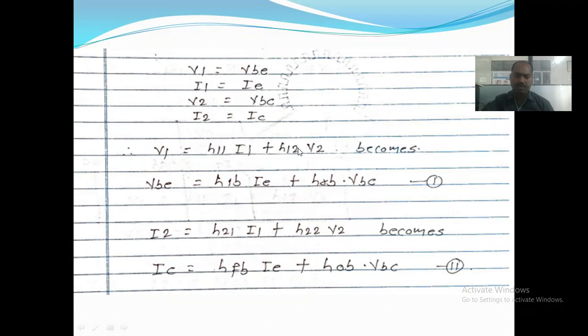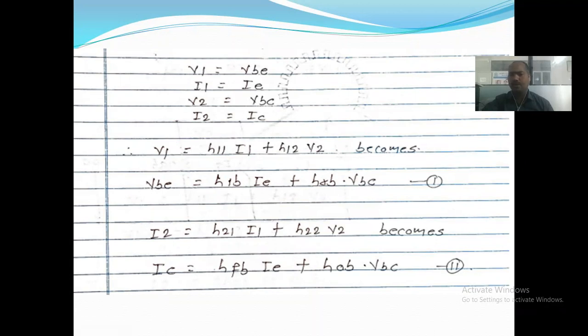So IE plus H12 V2. H12 is nothing but the reverse voltage ratio V1 to V2, right? So that's why we write it as HR for the common base configuration, HRB. Okay, so V2 is nothing but VBC, right? So VBC we have to put here. This is related to Q1. Q1 indicates the input voltage related equation, right? So for that purpose, there are two dependent variable equations.